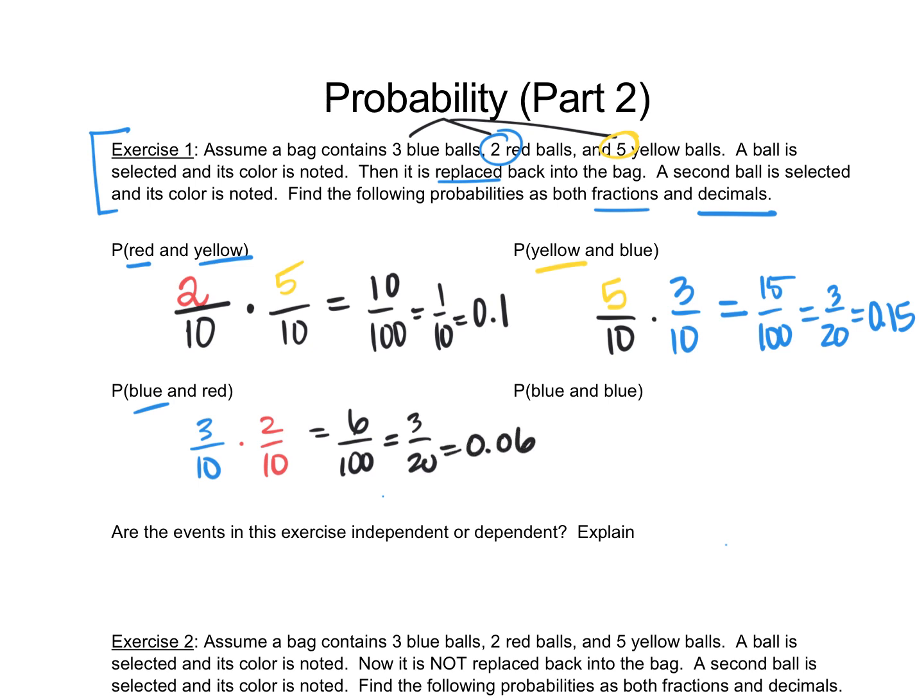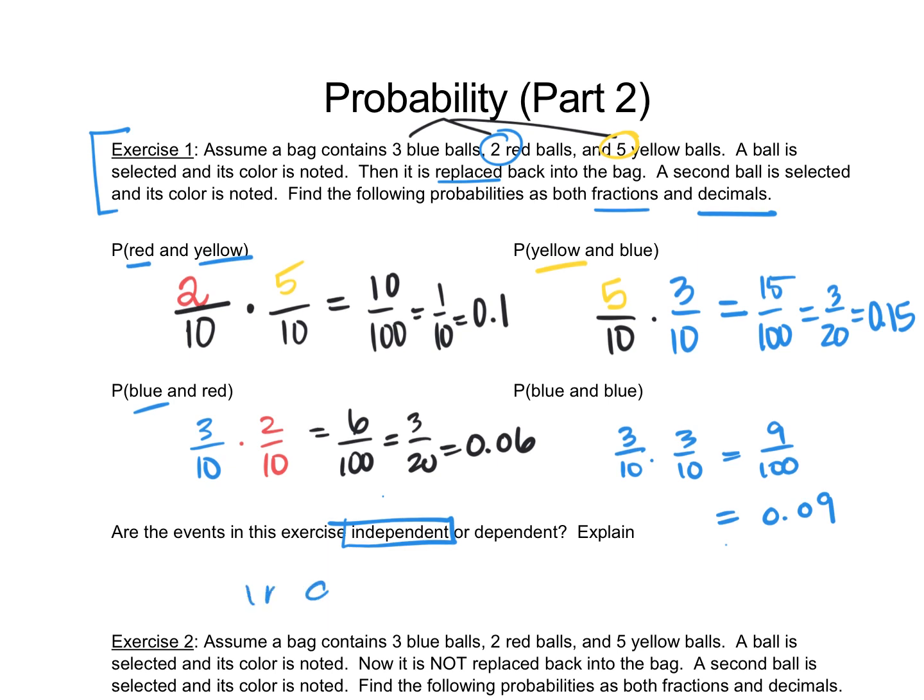Now to get blue and blue, probability is going to be 3 out of 10 times 3 out of 10, which will be 9 out of 100, which is 900ths. As a decimal, we have that. I'm asked if these events are independent or dependent. They're totally independent because you put the ball back in, so it doesn't matter what happened with that first one.